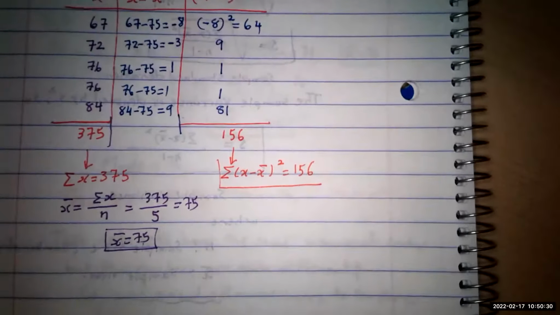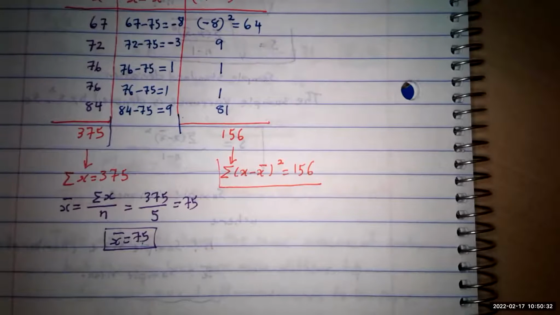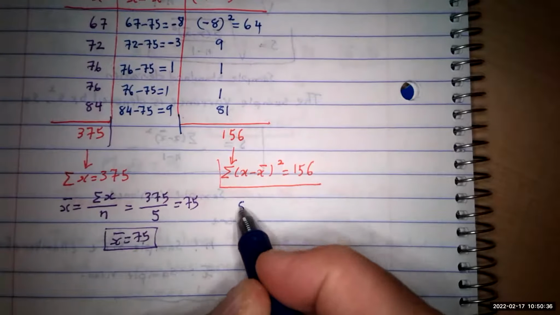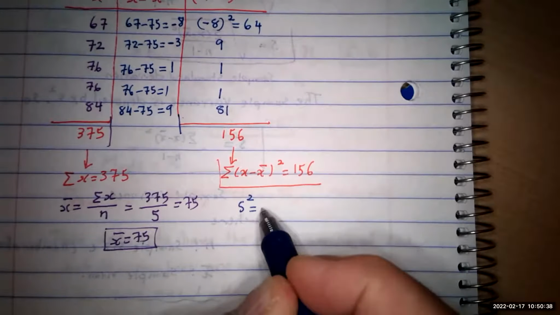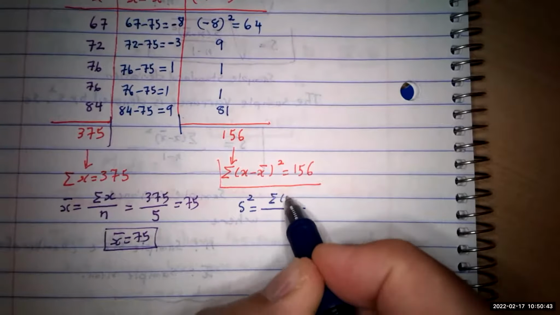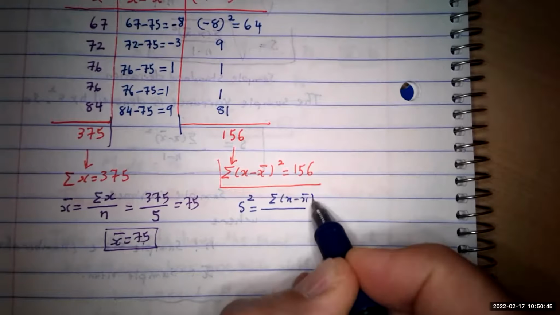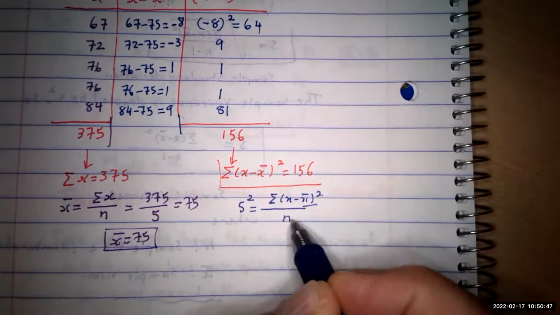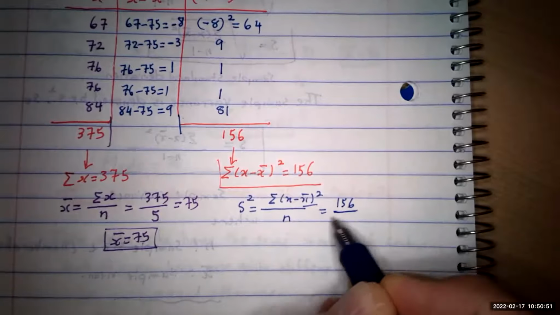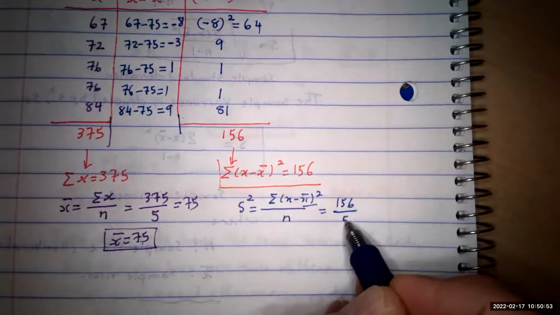Now we are ready to get the standard deviation. Okay, what is the standard deviation? We go with the variance first. Remember s squared. I repeat the formula so that you now remember it. S squared is sigma of x minus x bar all squared divided by n.